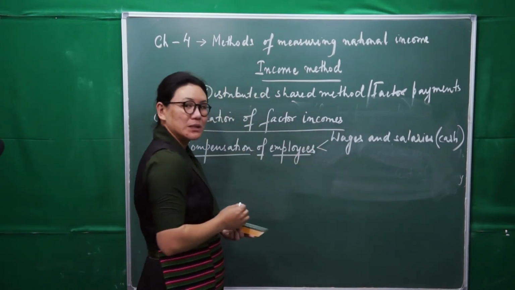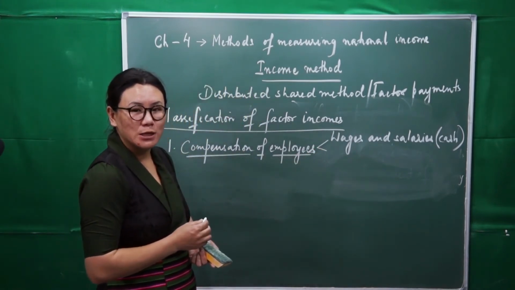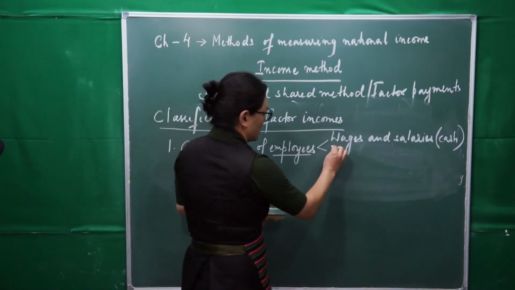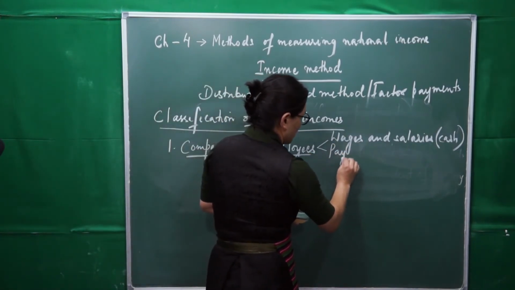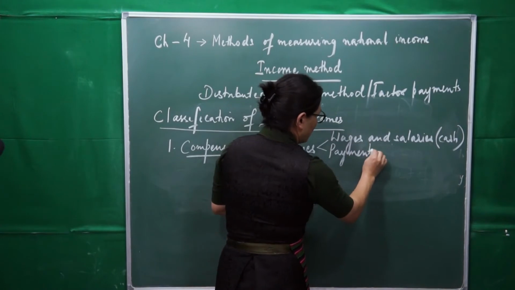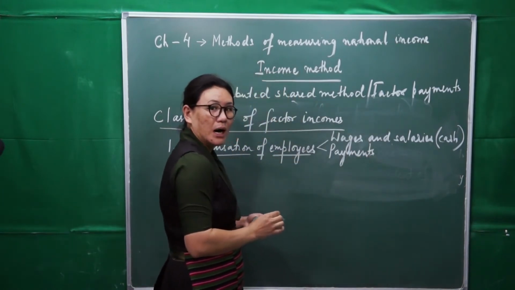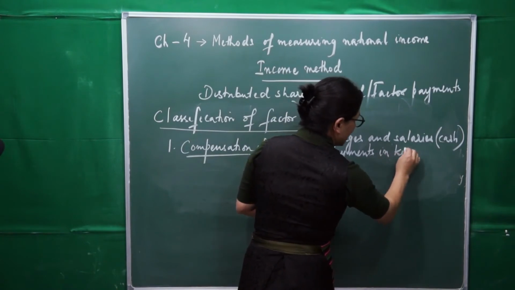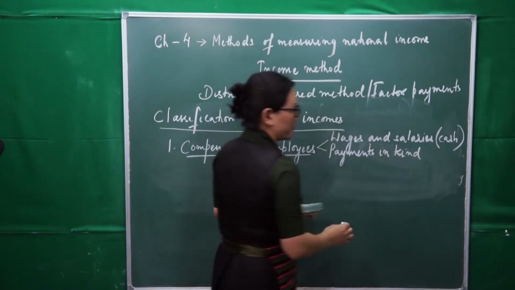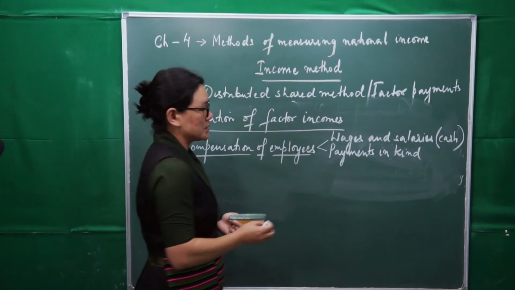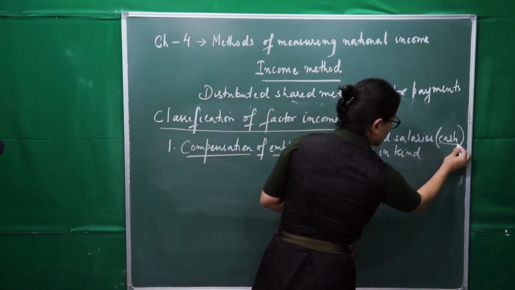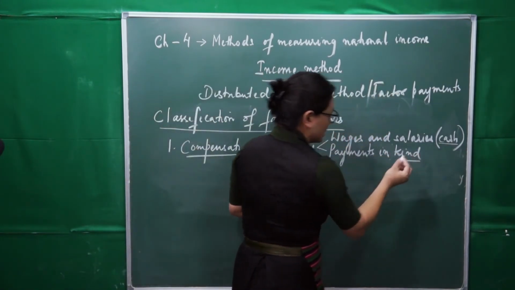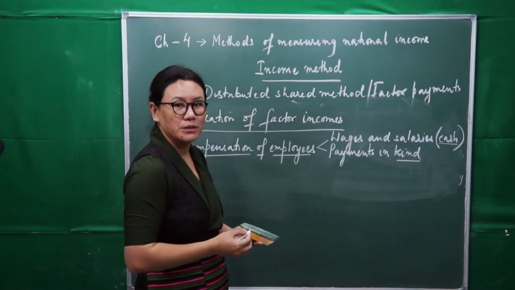Second one, under compensation of employees, is employees are paid in kind. Okay, see here, it is cash here, and in this, it is kind.